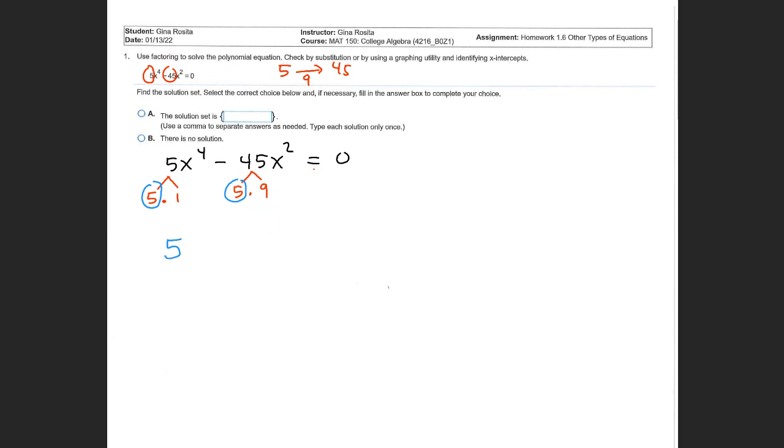X to the fourth, x squared. You have to choose the lowest exponent, so we choose x squared. So the GCF for the variable is x squared.